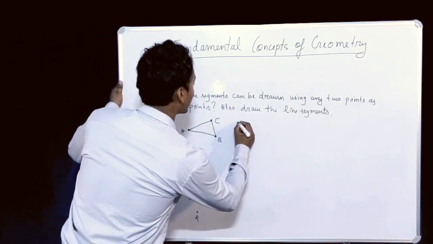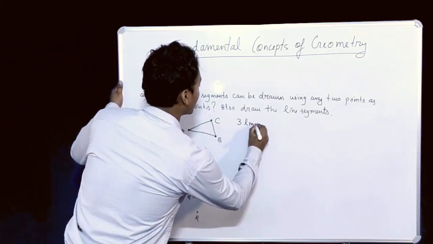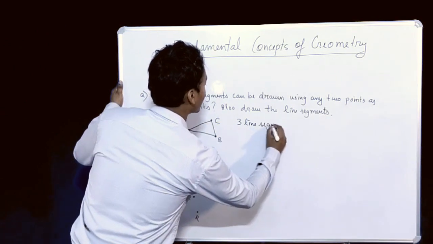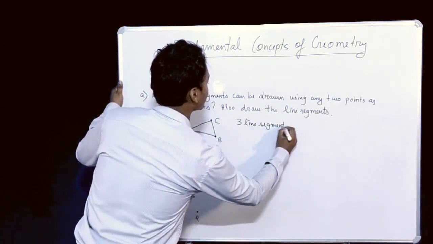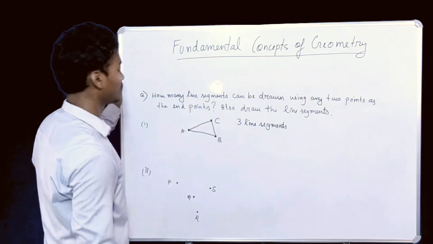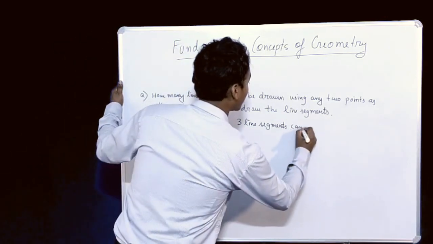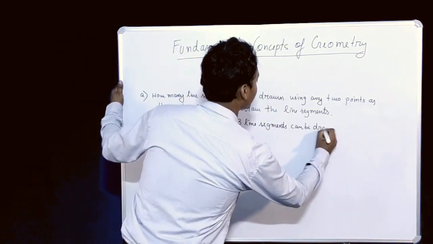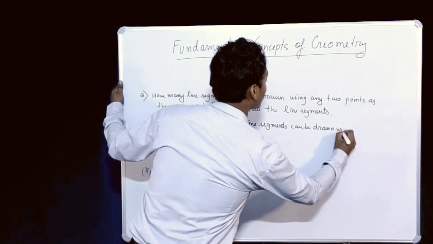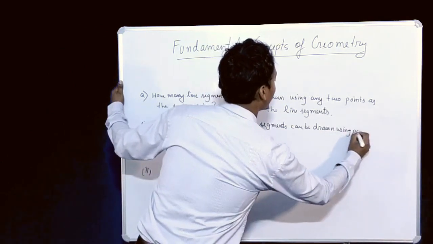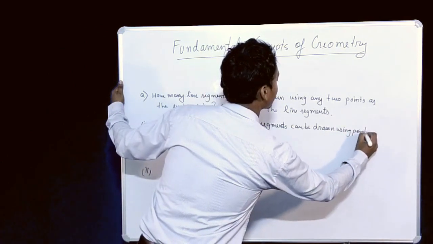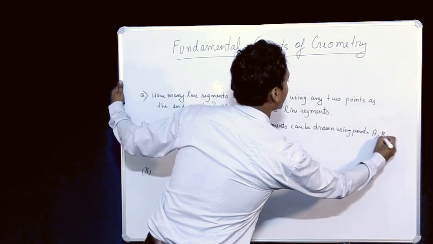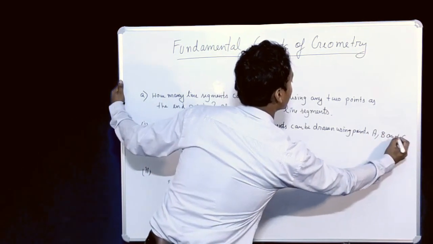So you can say 3 line segments can be drawn using points A, B and C.